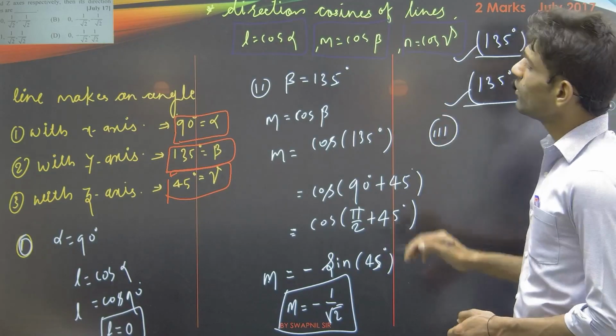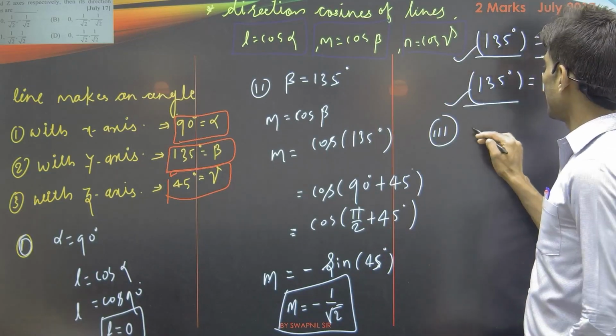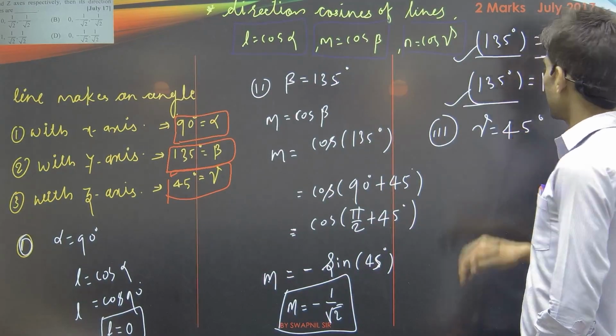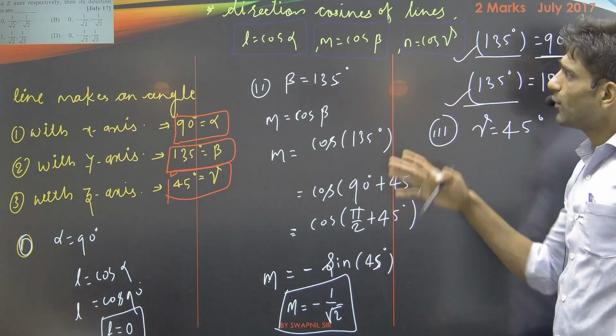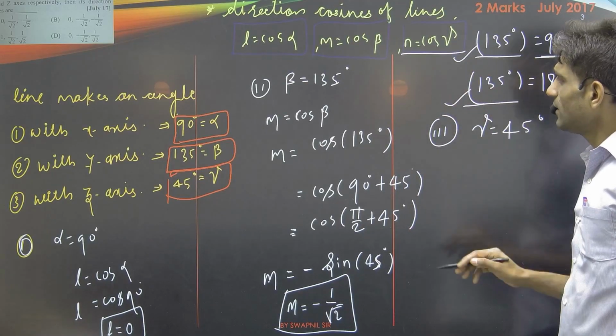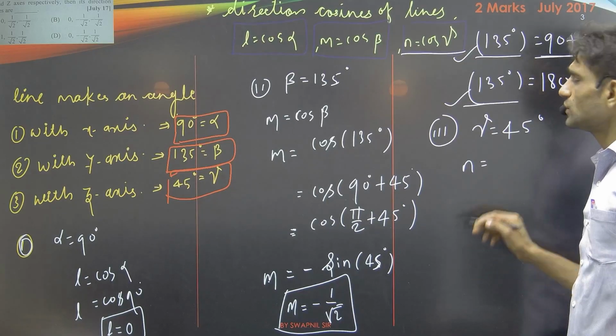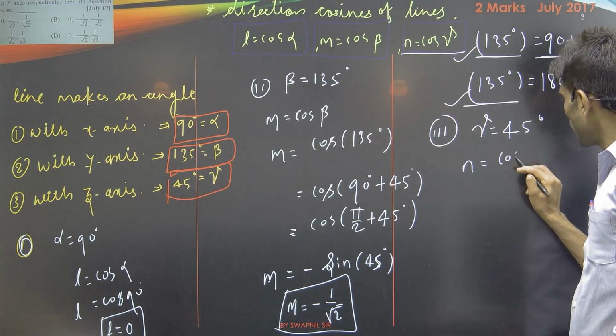For the third angle we have gamma equal to 45 degree. We can find the third direction cosine n, which is equal to cos of gamma.